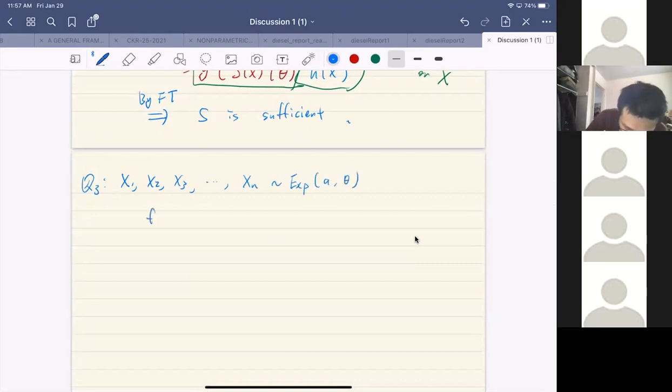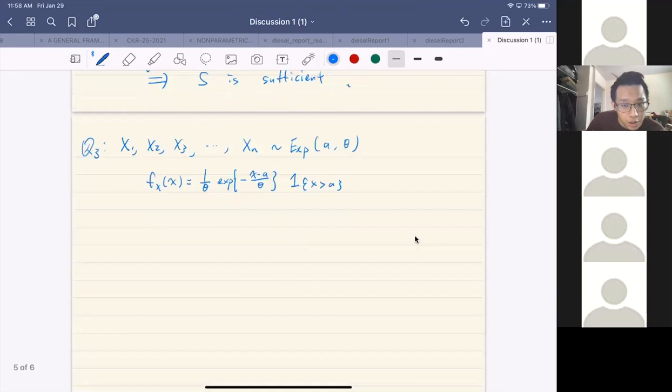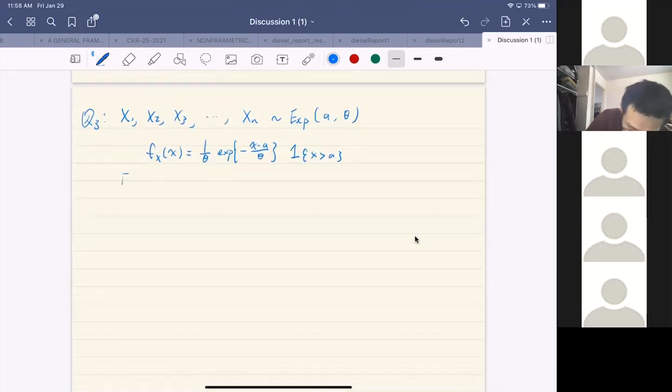That means the density looks like this: 1 over theta, exponential of negative x minus a divided by theta, and the indicator function x greater than a. And we want to find a sufficient statistic.